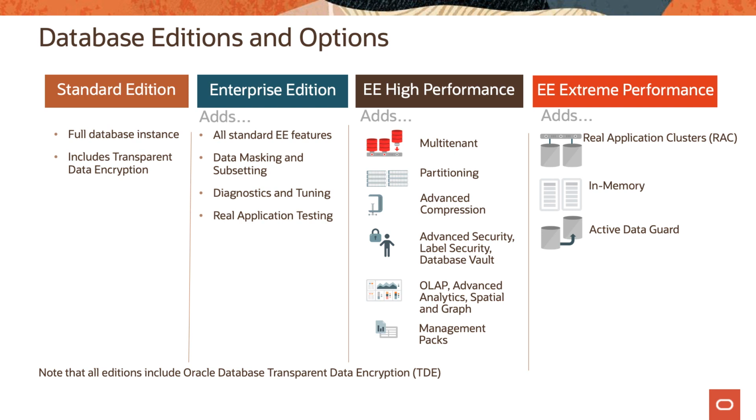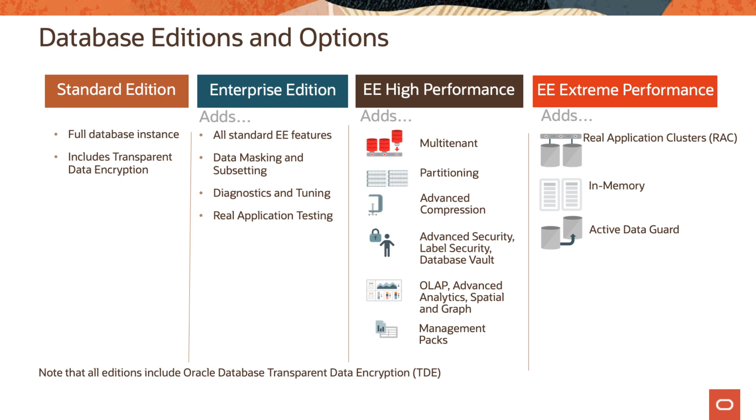Also note that as you go from left to right, with Enterprise Edition, you get all the standard Enterprise Edition features, but in addition to that, you get data masking and subsetting pack, diagnostics and tuning pack, as well as real application testing.